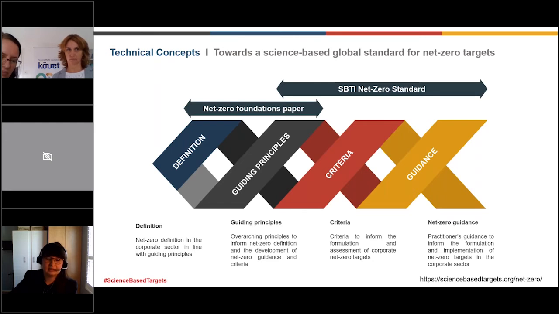And this is available at the link with a blog and executive summary. And over the next approximately 12 months, we will be building out specific criteria and guidance on the granularity around net zero target setting for companies. So if you're interested, I encourage you to have a look at this link. There's opportunities to get involved either with email updates or involved in the consultative group. So I encourage you to have a look at that. I think this may be my last slide. If you just move to the closing slide, please.